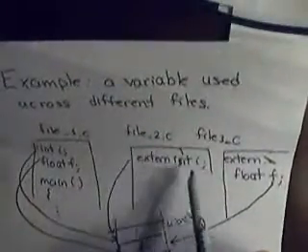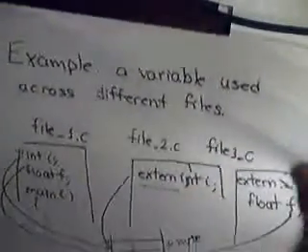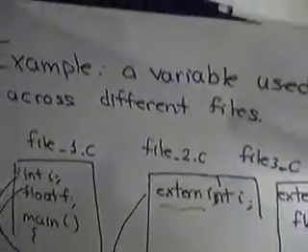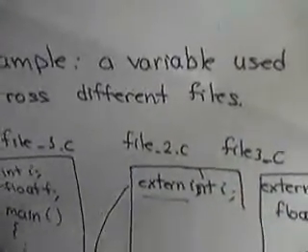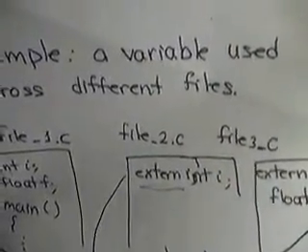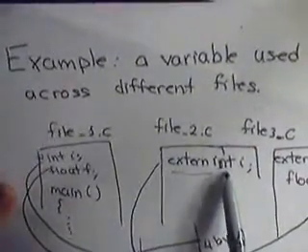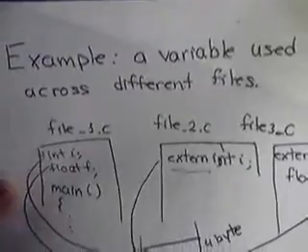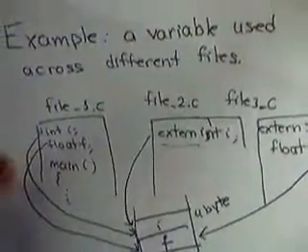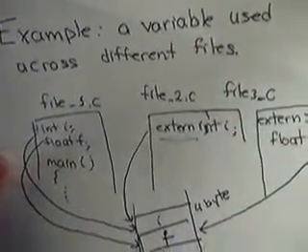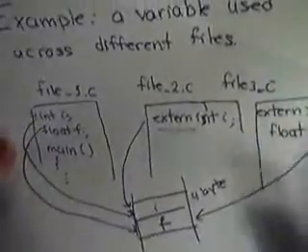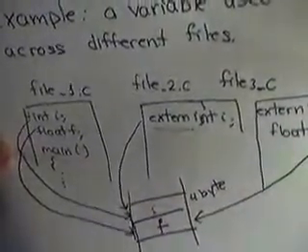Now, what about the extern int i in file 2? In that case, this is a declaration. File 2 is just declaring that there is a variable i associated to an integer, and that it is external. But it's not actually allocating the memory, because if it did, then we would have two different copies of i.